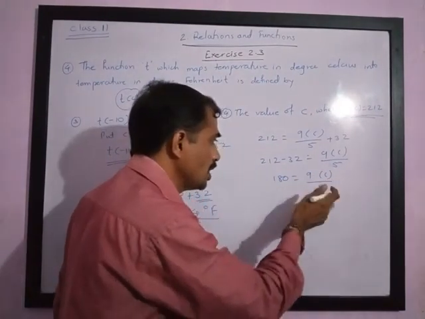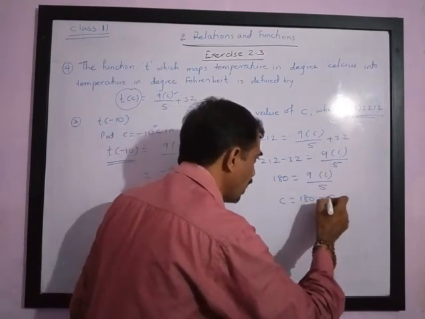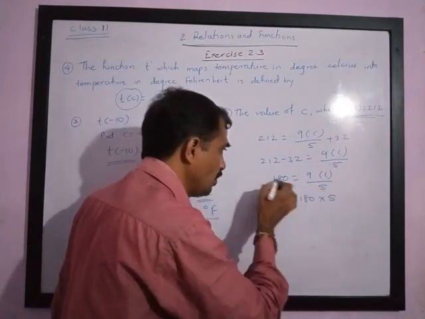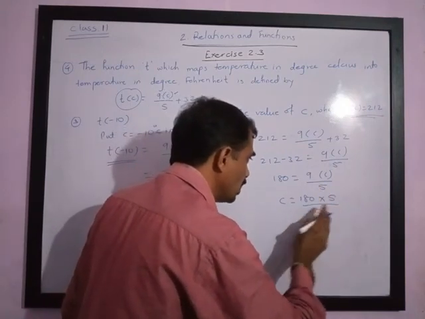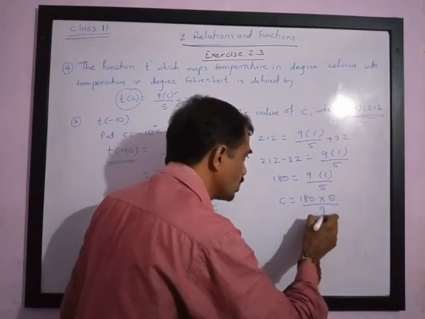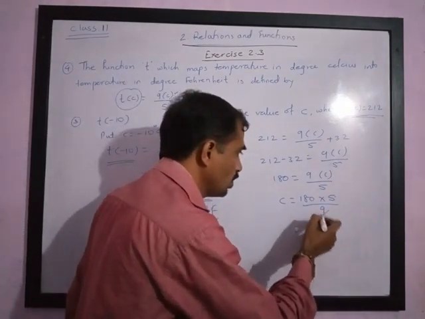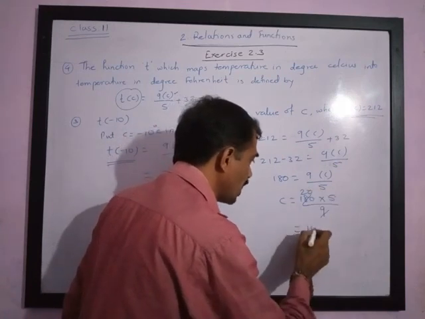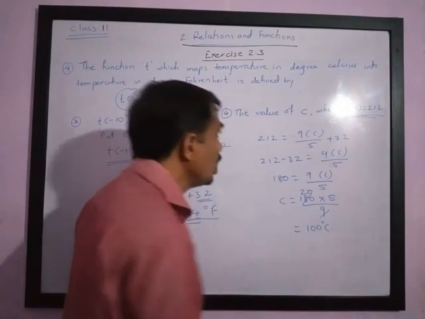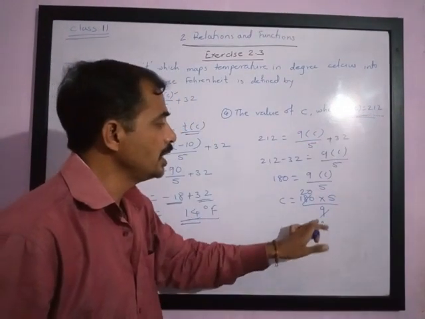So if you cross multiply this, you will get C is equal to 180 multiplied by 5 divided by 9. I have written LHS to the RHS and RHS to the LHS. So this is equal to, we know 9 twos are 18, so this is 20 multiplied by 5 means 100 degrees Celsius. Please note 212 degree Fahrenheit corresponds to 100 degrees Celsius.